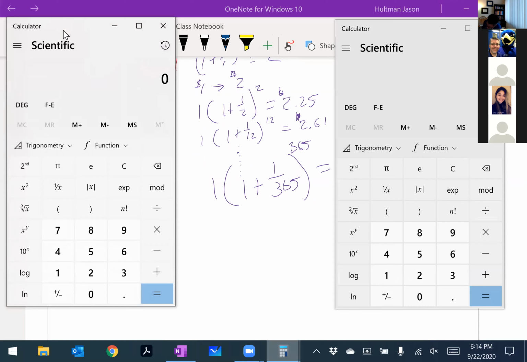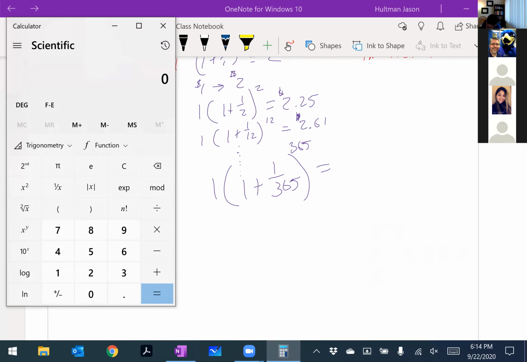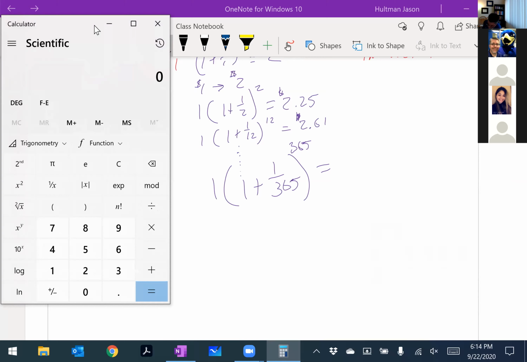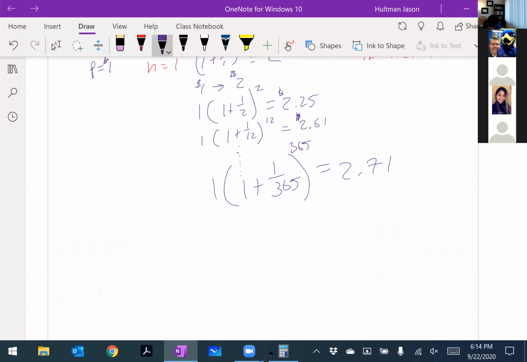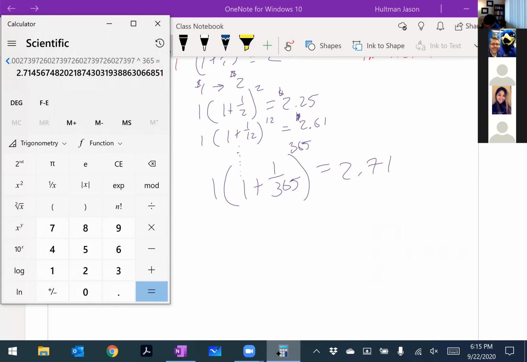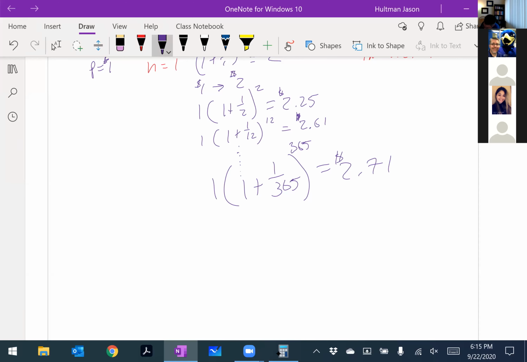Okay, we're going to say 1 plus 1 divided by 365. It's nearly 1, the fraction is really small, but we're going to raise that to the 365th power. And I get about $2.71.